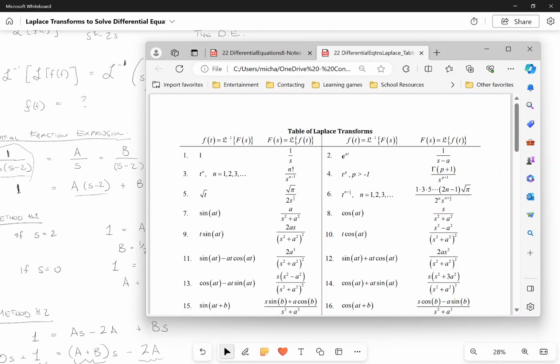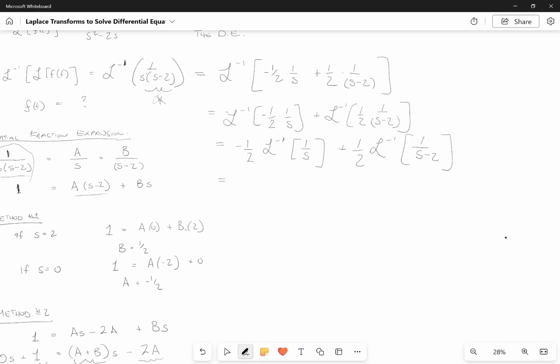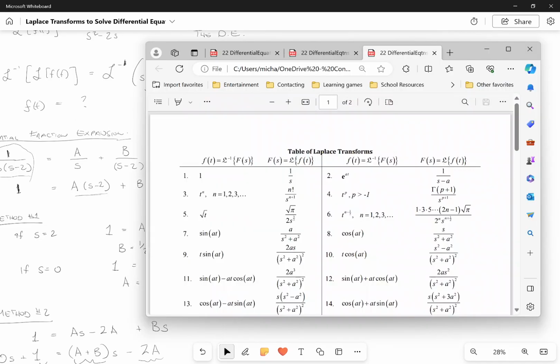And we see that 1 over s has an inverse Laplace transform of 1. So we take that and put that right over here. Negative 1/2, this is a 1. Plus 1/2. Well, s minus 2. Let me go back and grab that table. It's right here. Okay, so if we have, see this guy right here.